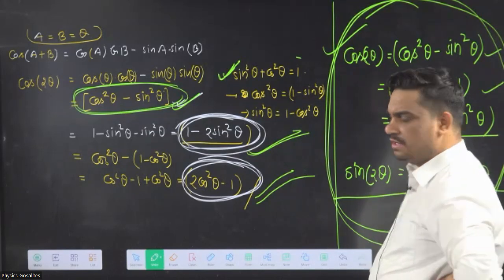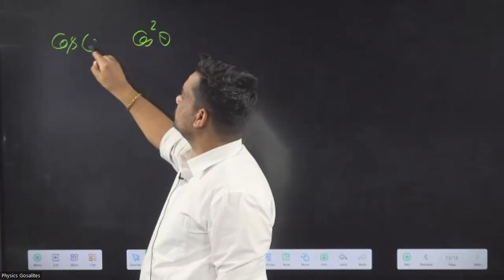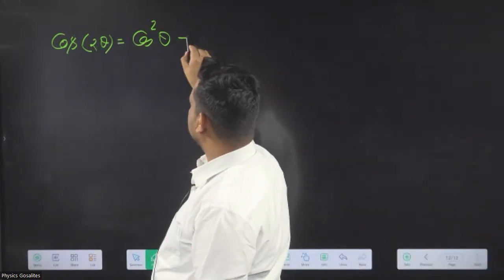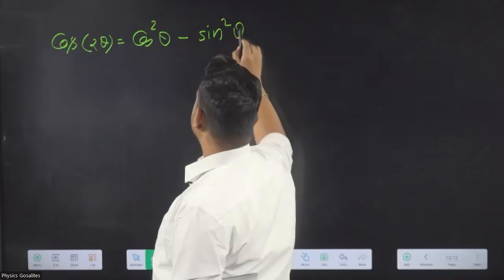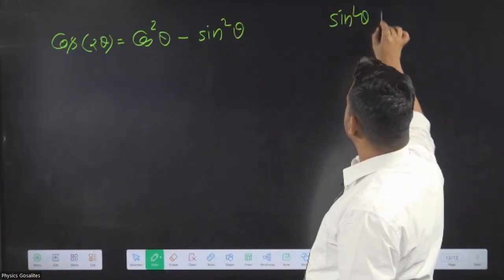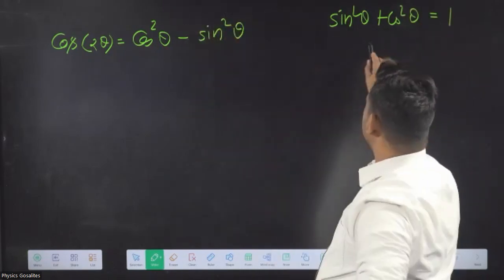We know that, so I can say cos 2 theta is cos square theta minus sine square theta. We can write sine square theta plus cos square theta is 1, so I need to replace cos square theta.